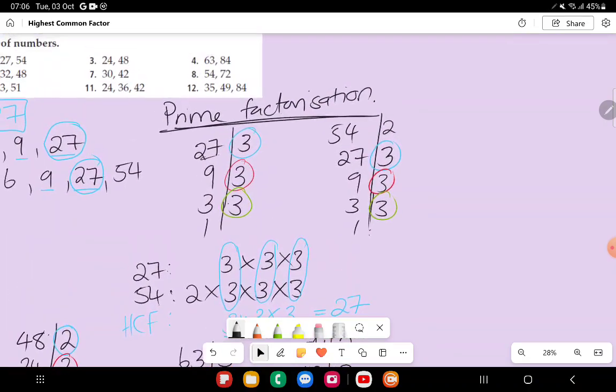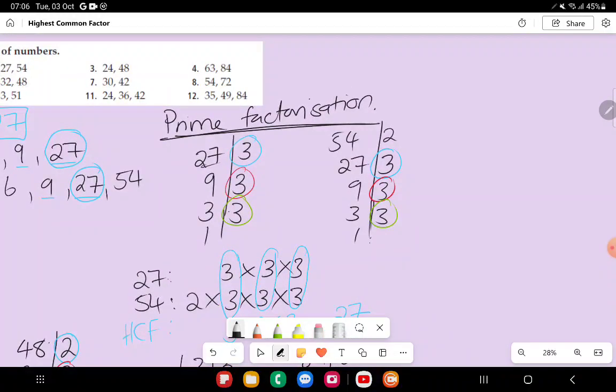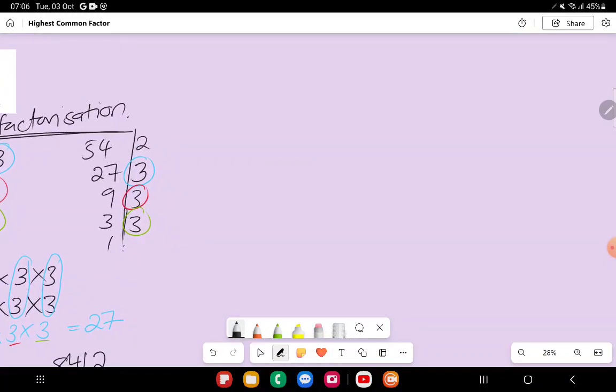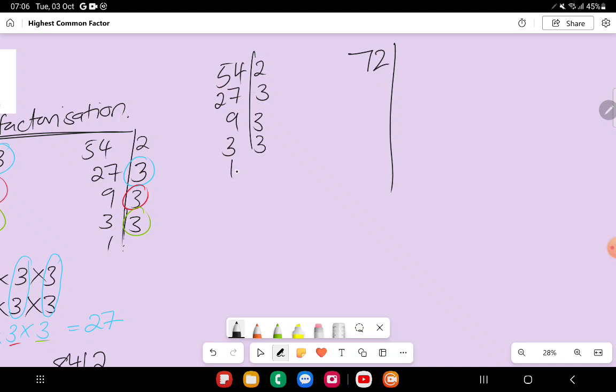Let's do question 8, 54 and 72. Okay, we can do it here. 54 and 72. I think my line is too long. Okay, 54 and 72. 54 divide by 2 gives me 27. Divide by 3 gives me 9. Divide by 3 gives me 3. Divide by 3 gives me 1. 72 divide by 2 gives me 36. Divide by 2 gives me 18.